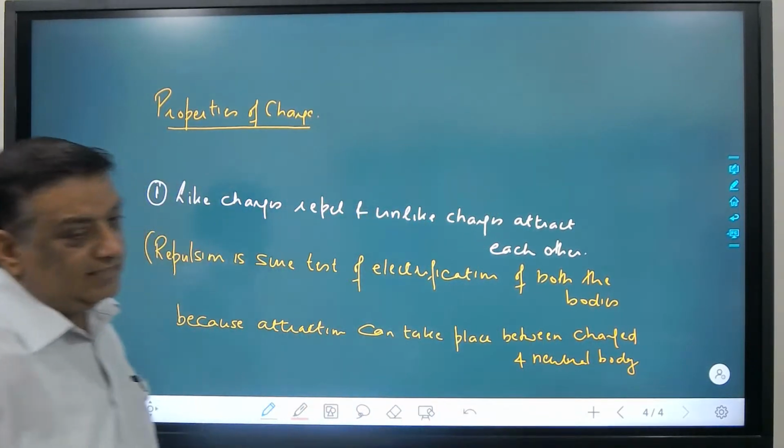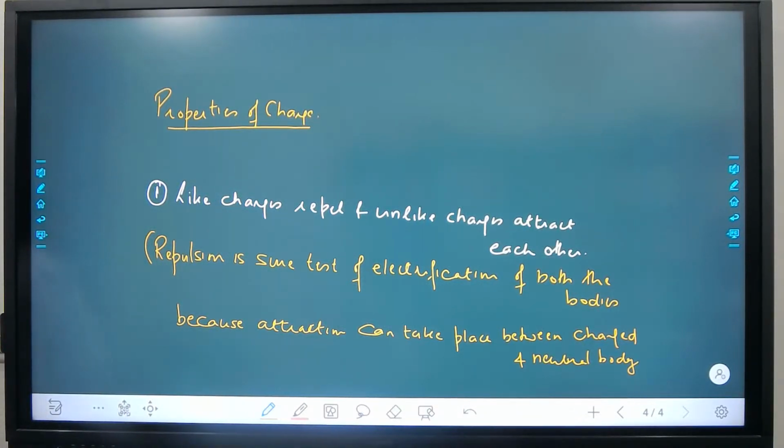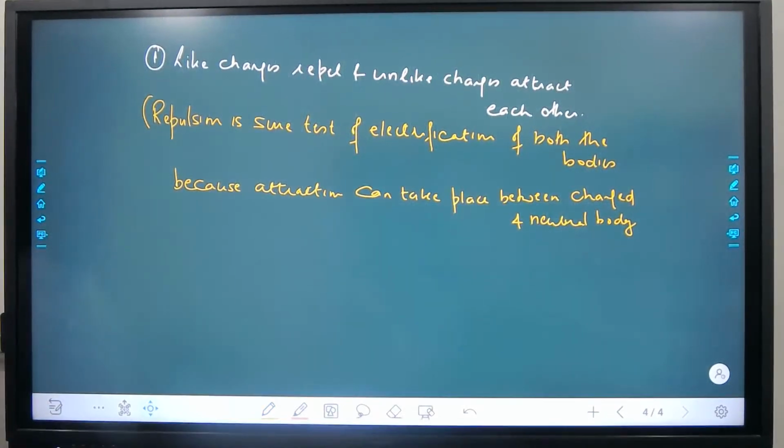So only when two bodies repel are we sure that both the bodies are charged. Now, this is the simplest property.